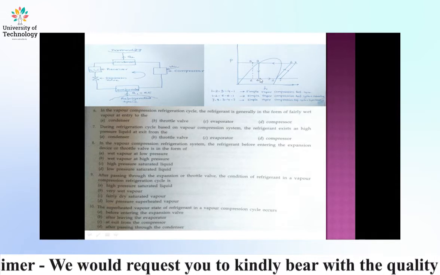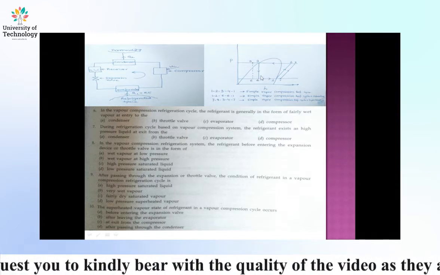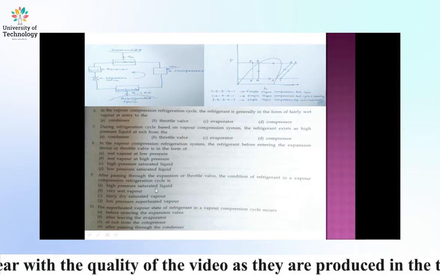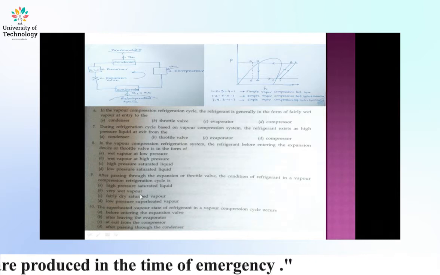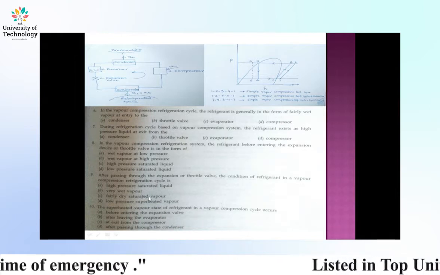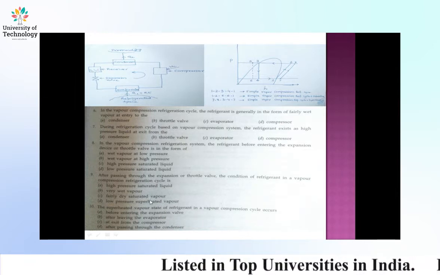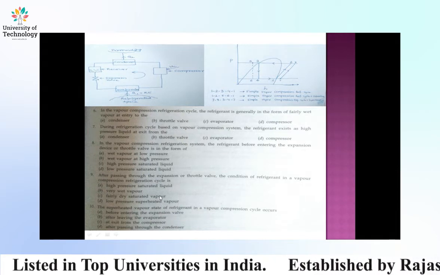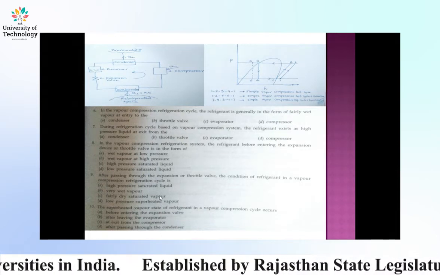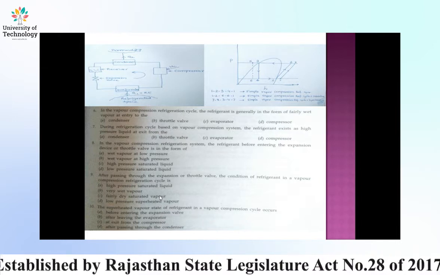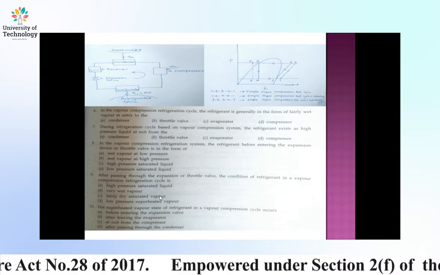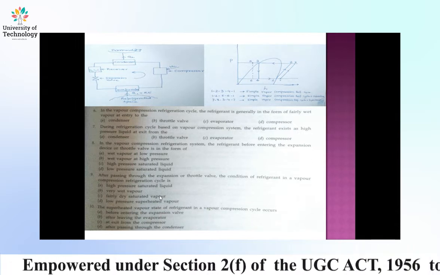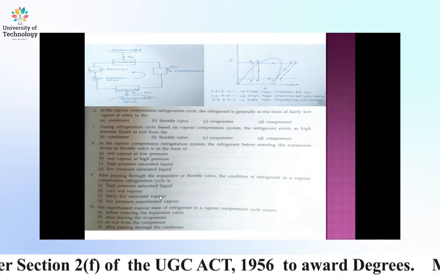Option A, high pressure saturated liquid, incorrect. Very wet vapor, correct. Fairly dry saturated vapor, incorrect. Low pressure superheated vapor, incorrect. So option B is correct. At the inlet of the evaporator, or at the exit of the throttling device, throttle valve, expansion valve or capillary tube, the refrigerant is available in the form of wet vapor.